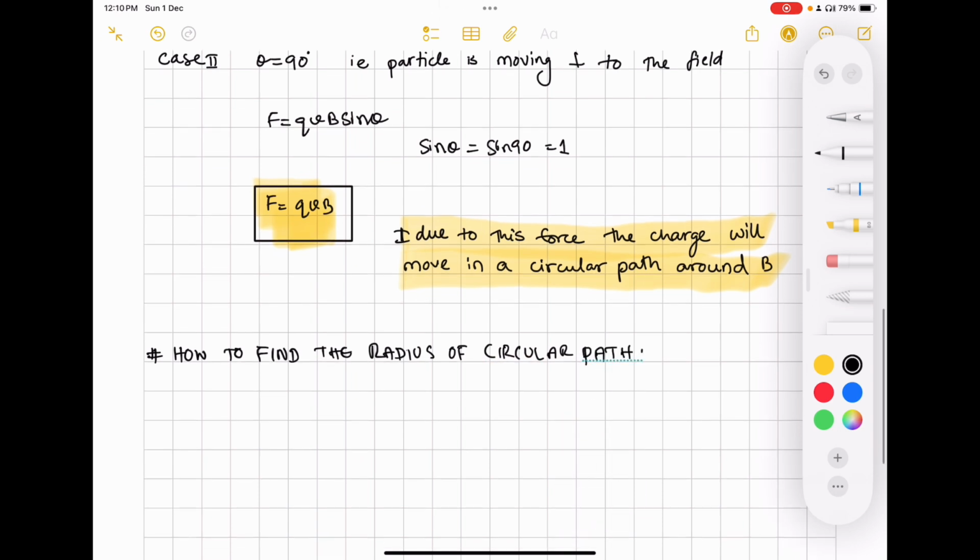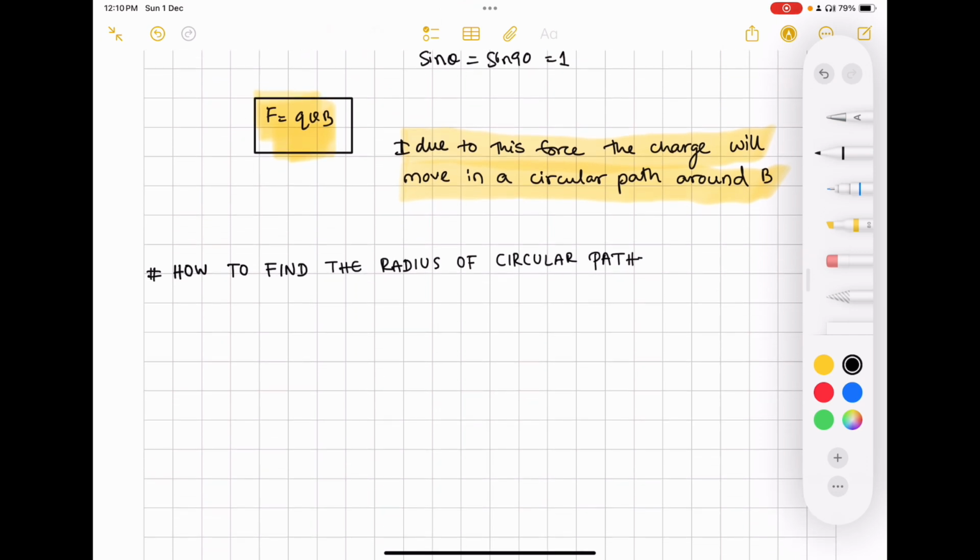We know that due to the force QVB the particle will move in a circular path. We have the force F is equal to QVB, and since it's a circular motion, this force is the centripetal force, that is mv square by r.